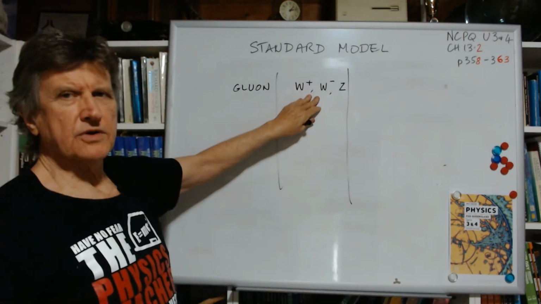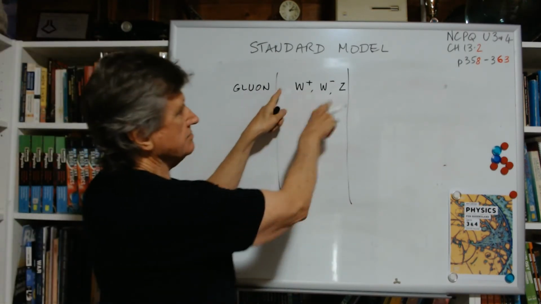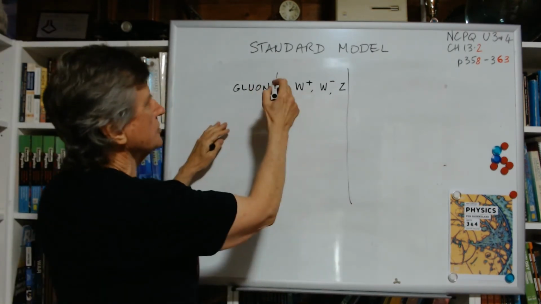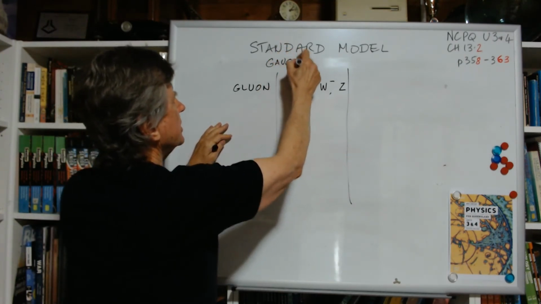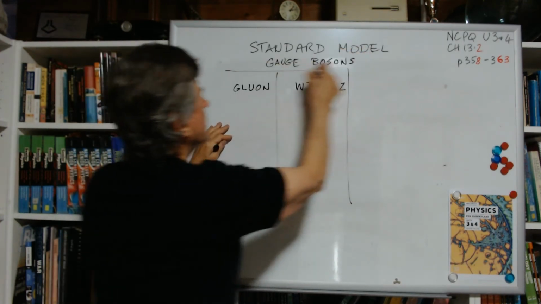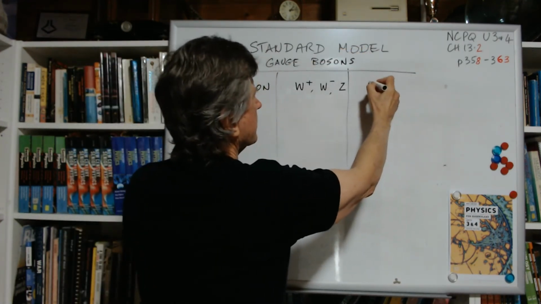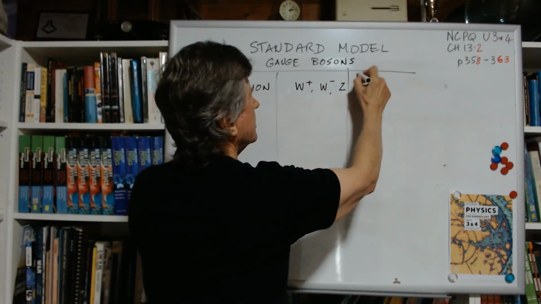I should call these the gauge bosons, G-A-U-G-E bosons. Okay, and we've got the photon. I better write that in. So they're the 4 gauge bosons.